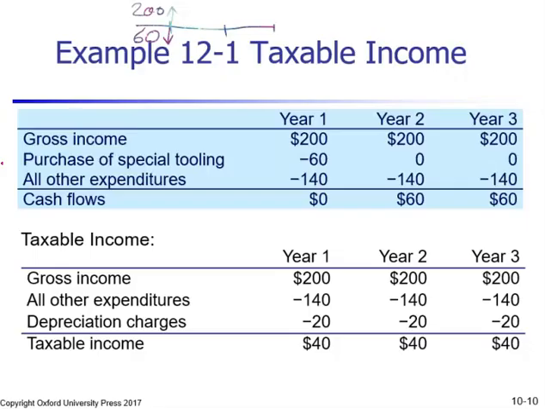So what is the resulting cash flow? In year 1, it is 0. But remember, this 0 is because you have bought a special tooling. Now, since you have seen many examples, you know that even a negative cash flow doesn't necessarily mean a bad thing, because maybe it is investment. When you have a negative cash flow in your investment, in fact, it says that you had your own money to invest over there.